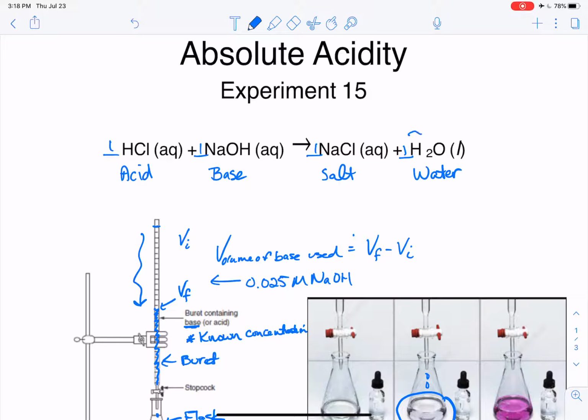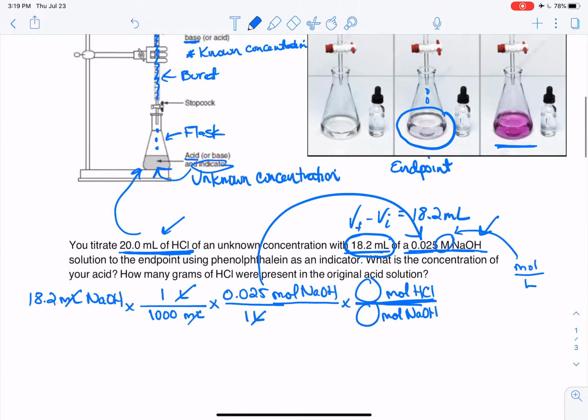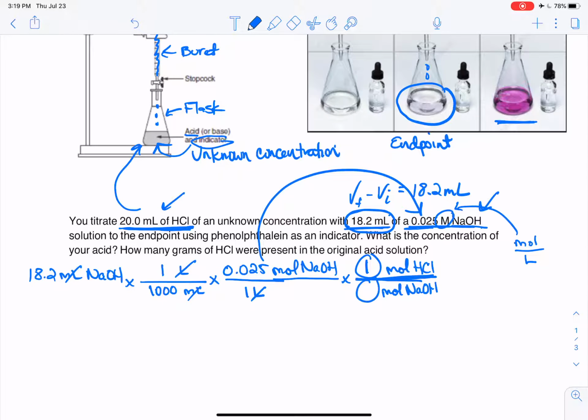And if you guys need to rewrite H2O as HOH, just so you can see the H and the OH, go right ahead. Okay, so for every 1 hydrochloric acid, we are going to react 1 sodium hydroxide. So those numbers right there are pretty easy. We've got 1 and we've got 1. And we're going to stop there and we're going to do the math really quick, and then we'll keep going.